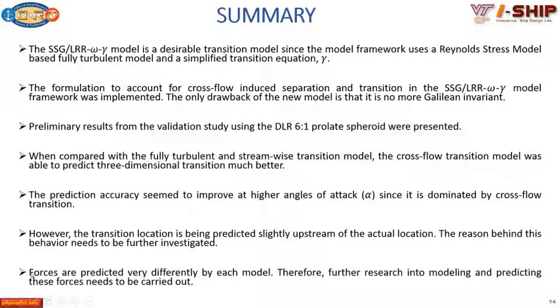Additionally, a point that experimentalists could also work on is that the forces were predicted very differently by each of the models, and having experimental data to validate the plots shown there would be greatly helpful. Further research into modeling and predicting these forces needs to be carried out.